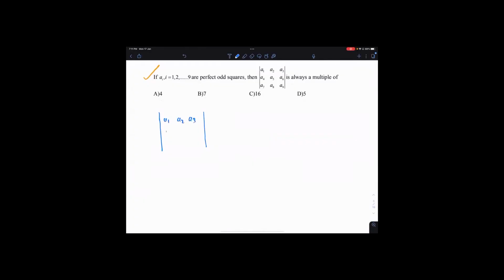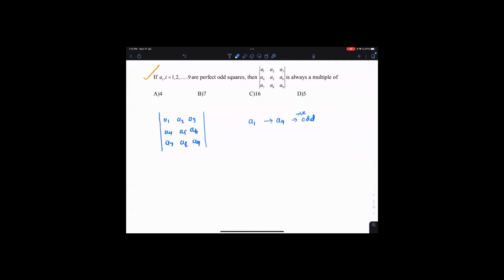Same way, A4, A5, A6. Now what I am saying is, every number, that means A1 to A9, is an odd number. Positive odd number to be precise. Every digit is odd.